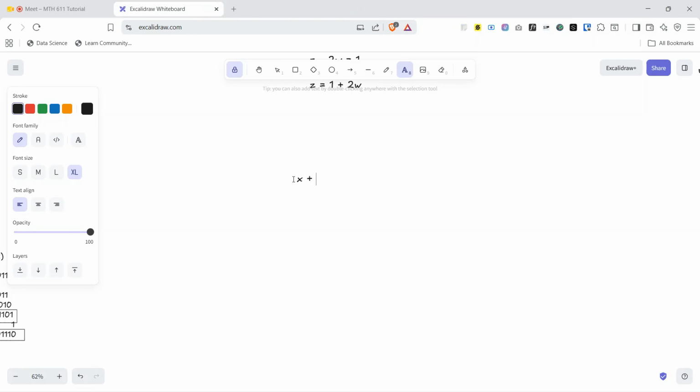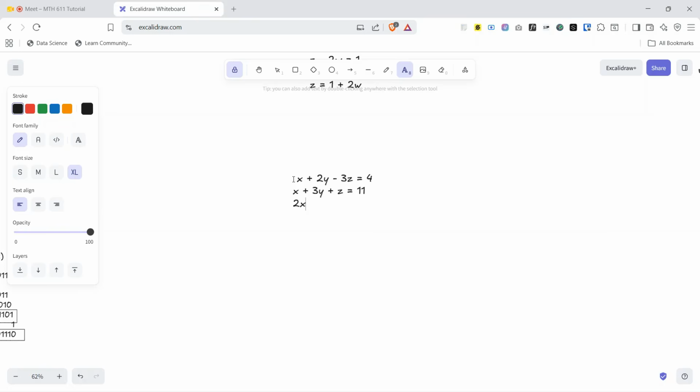So we have an equation x plus 2y minus 3z equals 4 as equation 1. Then we have x plus 3y plus z equals 11.